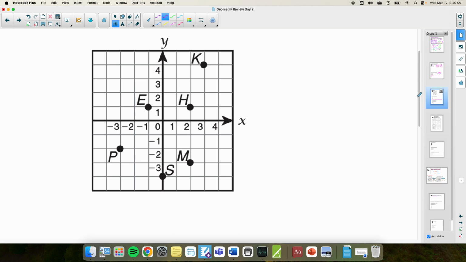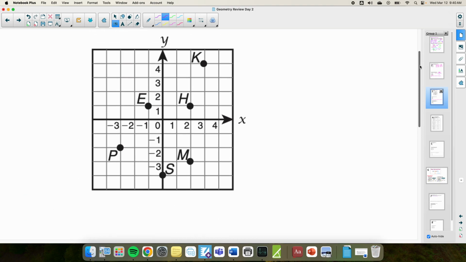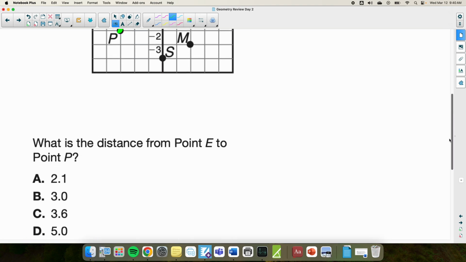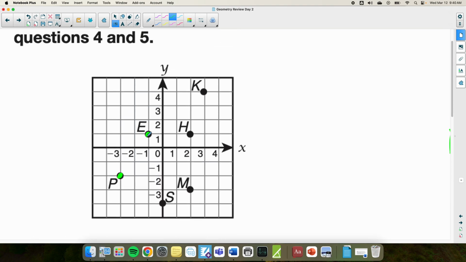And this one is asking us to find the distance from point E to point P. Okay, so if we go up here, point P is here, and then did they say E? Is that right? Point E to point P. So E to P. Now, there's two ways you could do this.